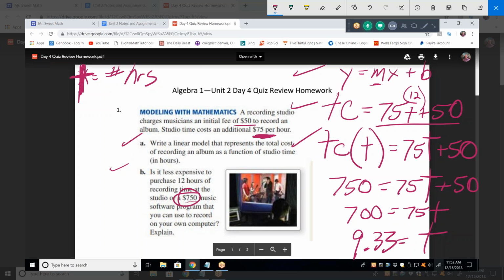So the bottom line here is that if you're going to use it for less than 9 1/3 hours, you're better off using the studio. But if you're going to use it for more than 9 1/3 hours, you're far better off buying this software program, because you're only paying $750 for it no matter how many hours you use, even if you use it 100.